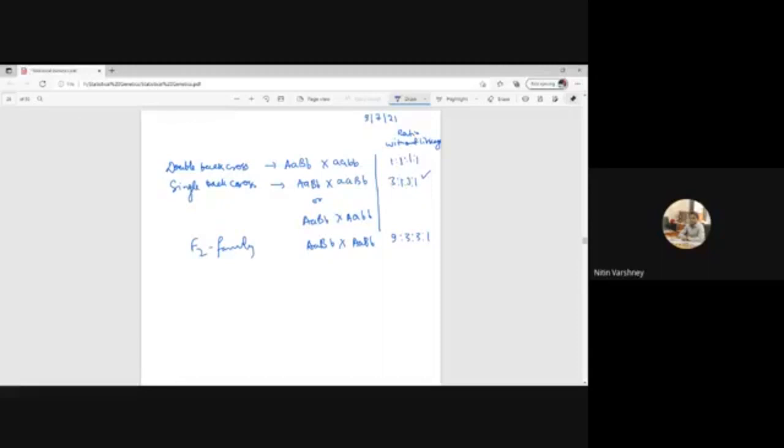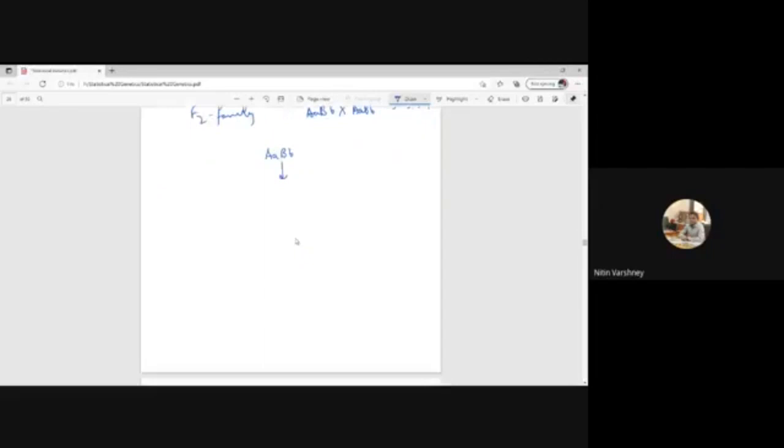So for that, I told you that different methods are there. This type of capital A capital B small b is producing how many types of gametes? Four types of gametes.